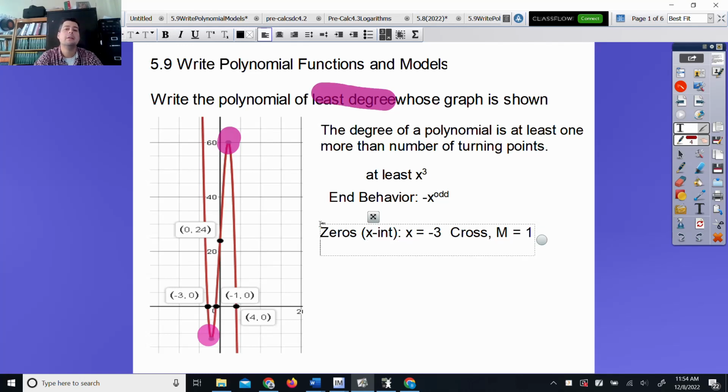All right. We've got another one at what? -1? Cross or touch? It's crossing. What's its multiplicity? At least 1. And then there's the last one, which is at x equals 4. Crossing or touching the x-axis?